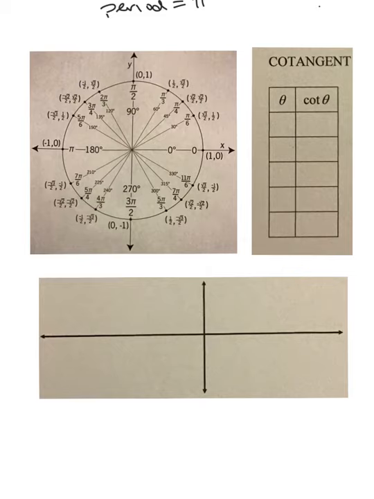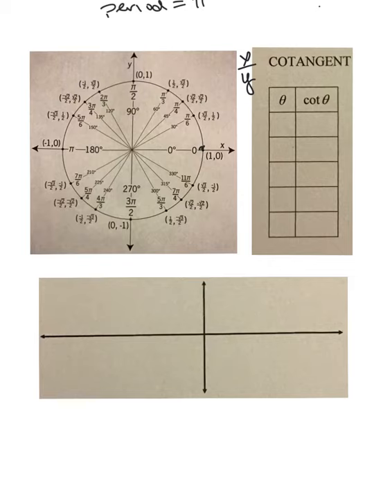Next up, we're going to look at a graph of a basic cotangent function. Remember how cotangent is defined. Cotangent is x over y. If we put x over y at 0, we are going to get undefined.